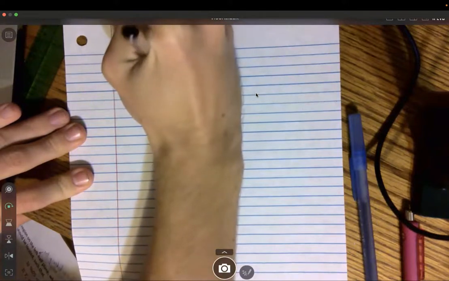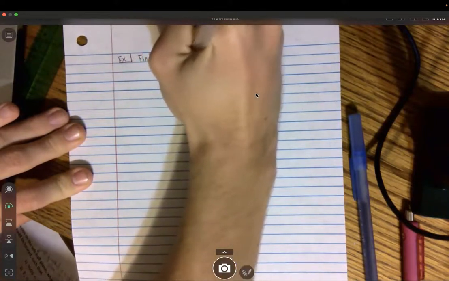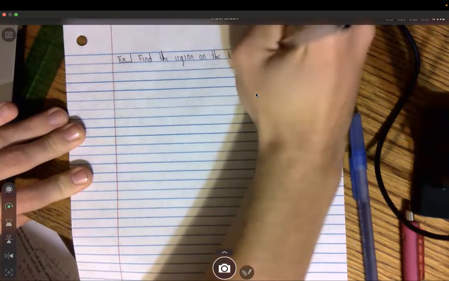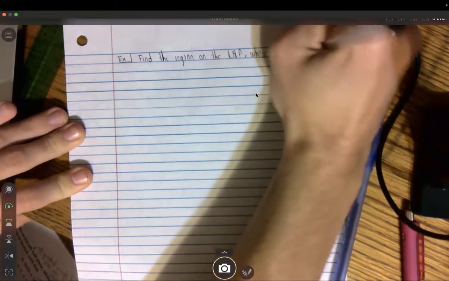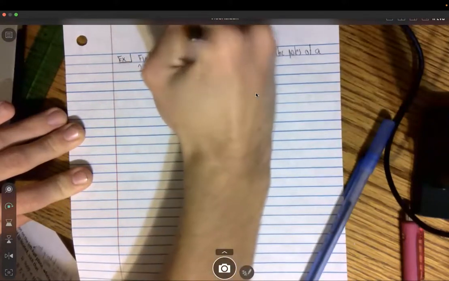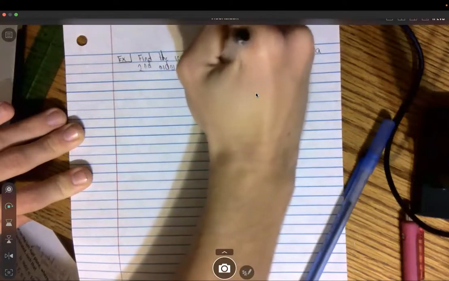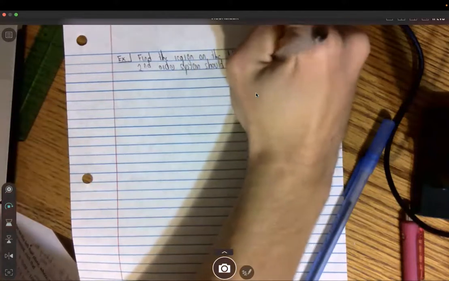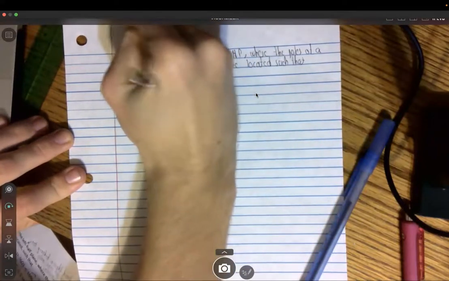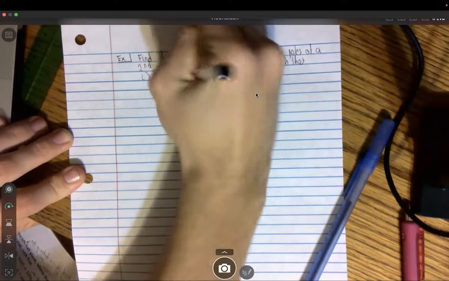Okay, they gave us a problem where, for example, find the region on the left-hand plane where the poles of a second order system should be located such that the percentage overshoot is less than 10%.